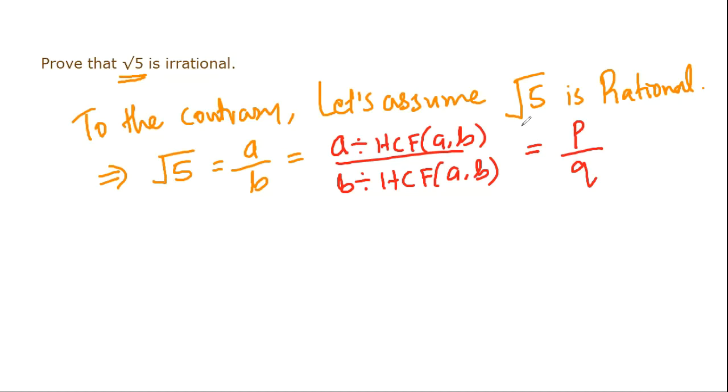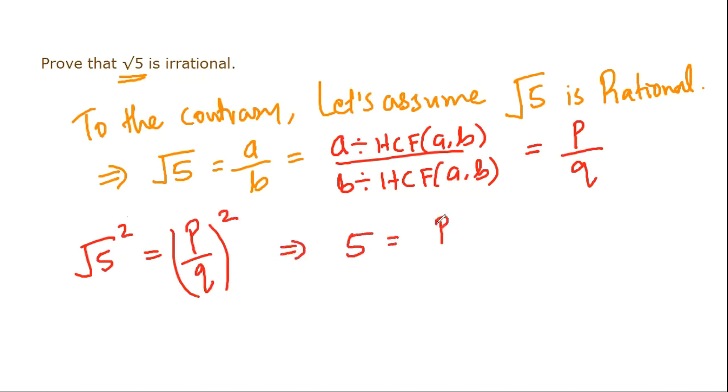Next step, we are squaring this throughout. That means we are taking the square of root 5 and the square of p by q. So root 5 whole square is equal to p by q whole square, which implies 5 is equal to p square by q square.